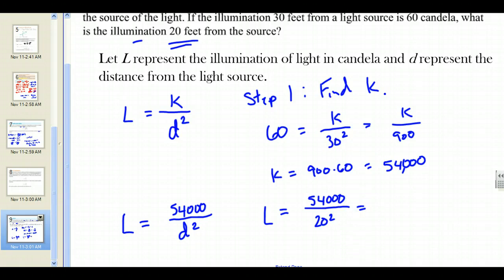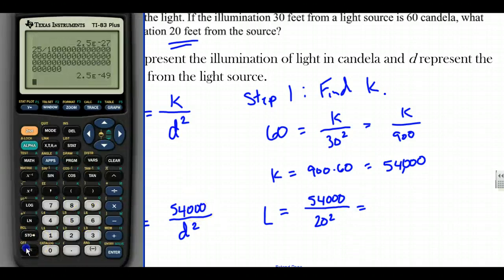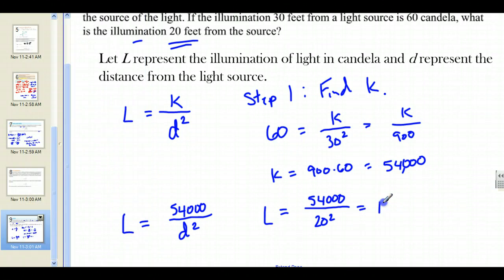And then you can just go to your calculator from there. So 54,000 divided by 20 squared, hit enter, 135. And there's our answer.